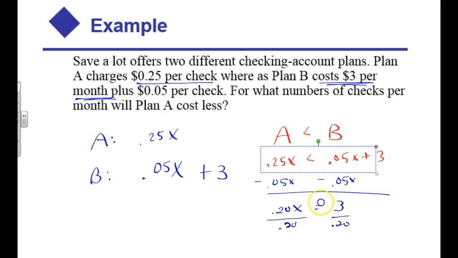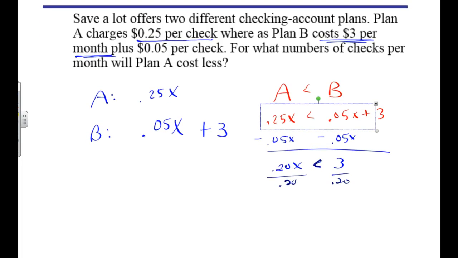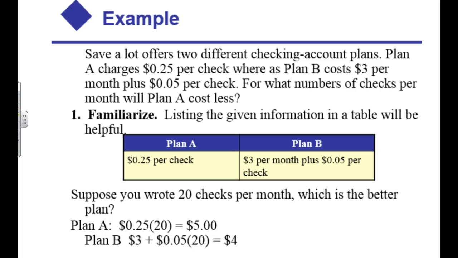Let's see, this is an inequality sign, so this is less than here. And when I divide by 0.20, nothing happens to the inequality sign, so it just stays less than, and I believe 3 divided by 0.20 is 15. So what does that 15 mean? Again, for story problems, you need to go back and figure out the units and try to answer the actual questions.